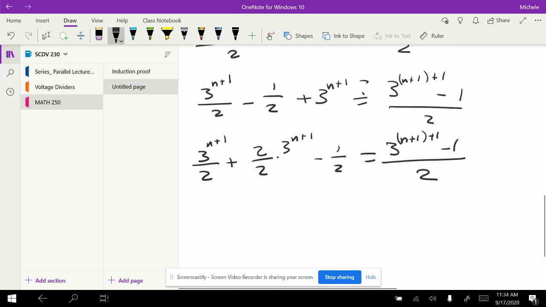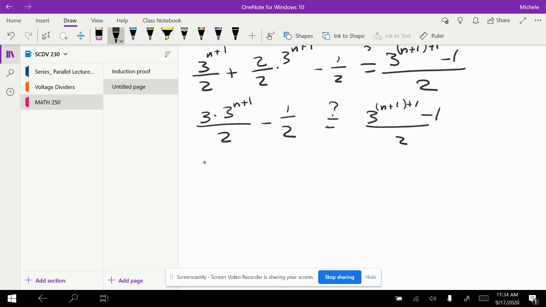Okay, so here I have this common denominator, so I have a half and then a whole, so this is going to be 3 times 3 to the n plus 1 over 2 minus 1/2. And so I have this 3 times 3 to the n plus 1. And so again, I'm questioning this: 3 to the n plus 1 plus 1 minus 1 over 2.